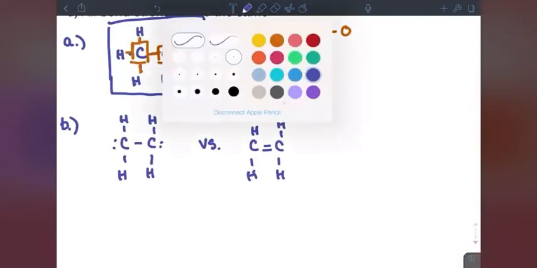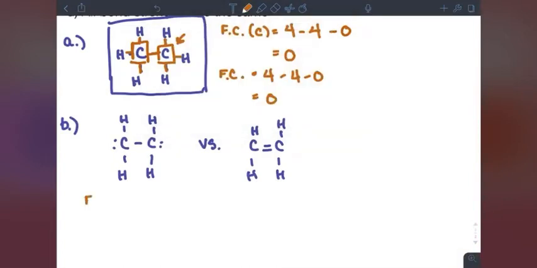So for this one here, if you look at the formal charge of the carbons again, we would have 4 valence electrons minus the number of lines, which would be 3, minus the number of dots, which would be 2. So the formal charge for that carbon in the box would be 4 minus 3, 1, minus 2, would be -1. And it would be the same thing for this carbon here. So the formal charge of the carbons would be -1.